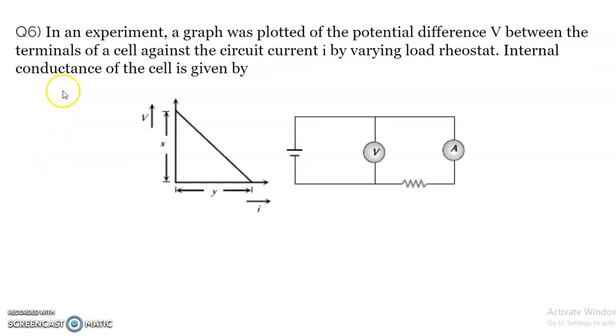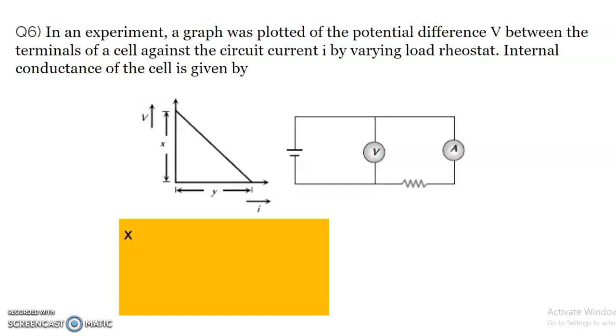Moving on to the sixth question. In an experiment, a graph was plotted of the potential difference V between the terminals of a cell against the circuit current I by varying a load rheostat. Internal conductance of the cell is given by? Okay. We have to think of it in terms of y and x. Let us start by writing this.